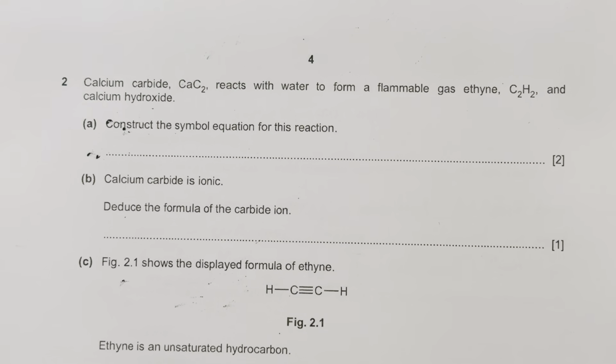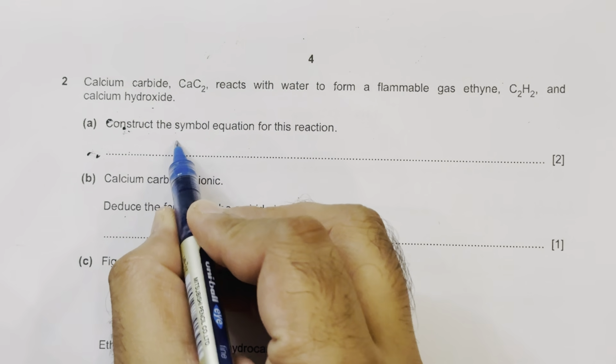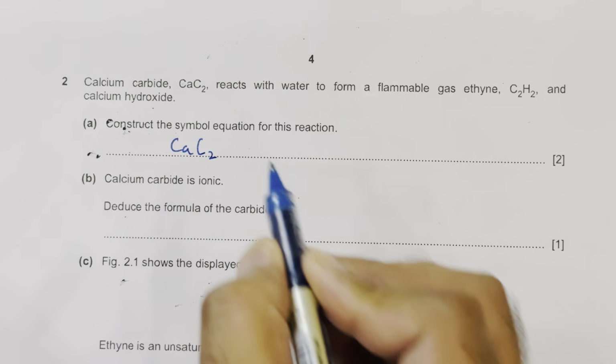Question number 2 is that construct the symbol equation for this reaction. And the reaction is calcium carbide reacts with water to form a flammable gas ethyne C2H2 and calcium hydroxide. So we know that calcium carbide has a formula of CaC2.